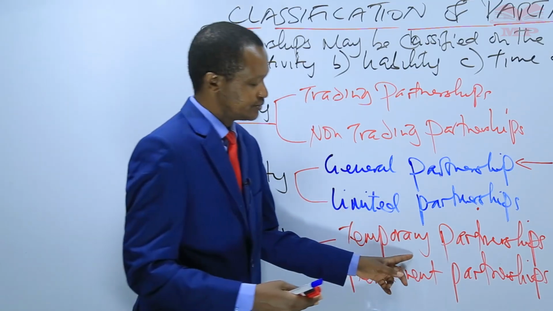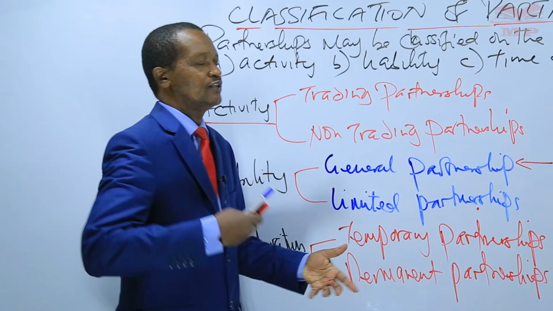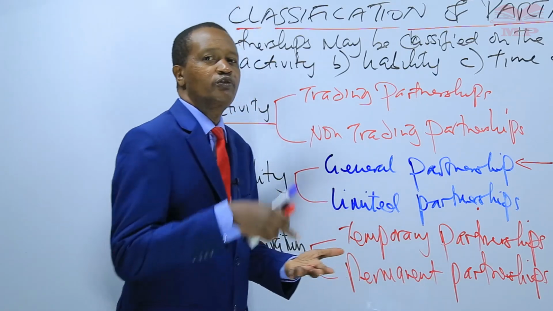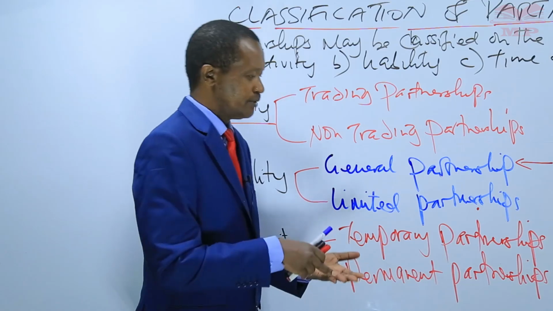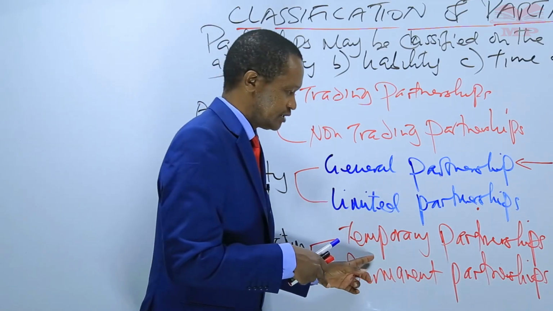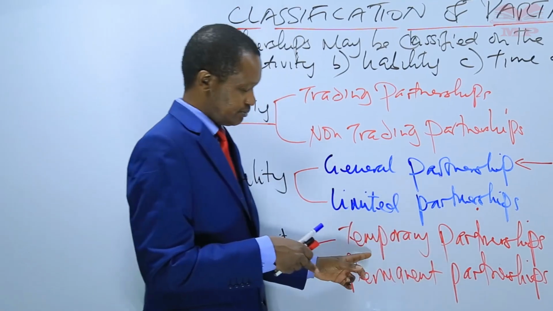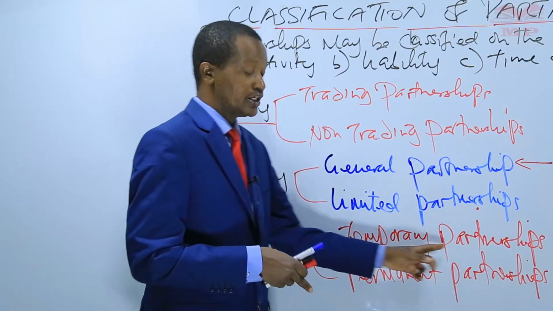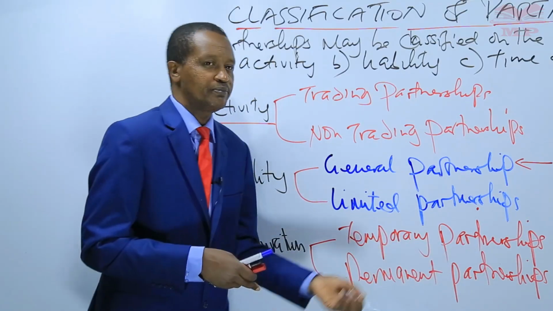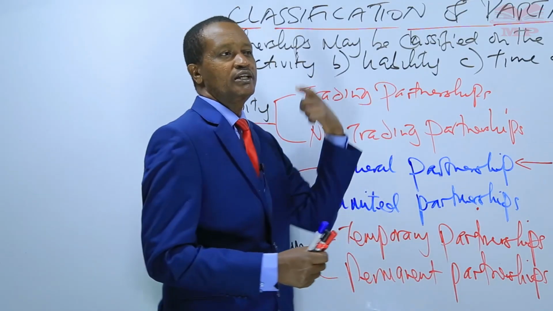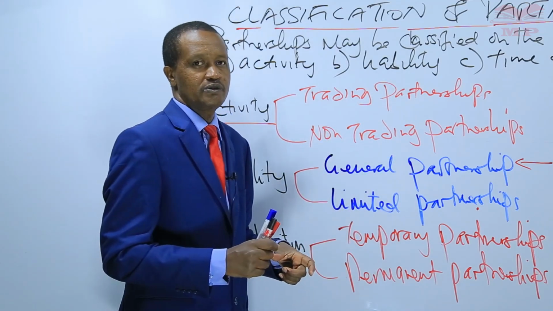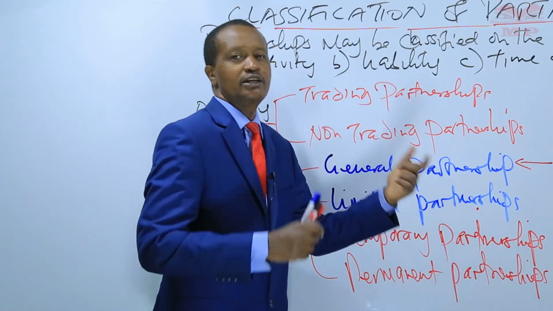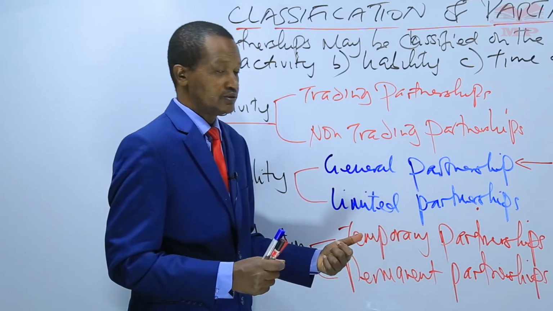For example, members of a firm can come together and form a partnership for the specific purpose of importing and selling 100 vehicles.